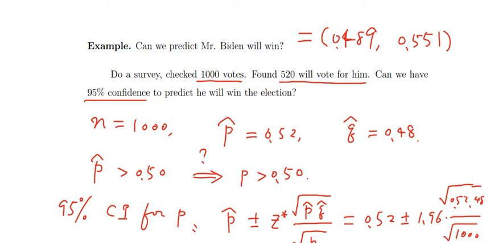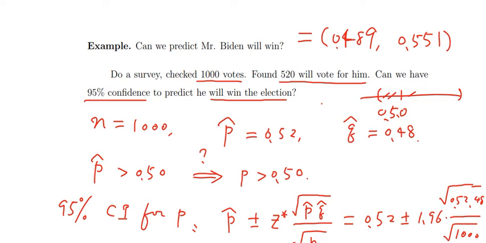0.489 and this. So to go back to the question, can we predict he will win? So we find this interval. So here's 0.50. So the interval is like this, from here to here.